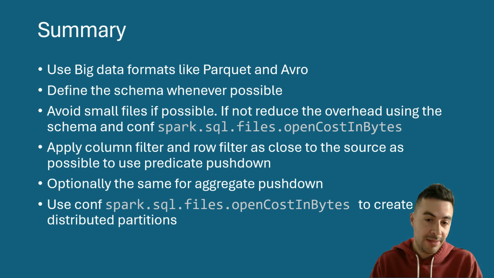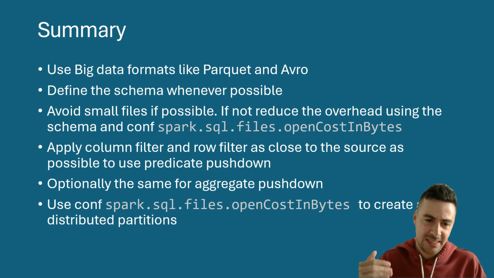Then let's apply column filter and row filter as close to the source so that our catalyst optimizer can, well, leverage predicate pushdown and optionally also aggregate pushdown, which is gonna save you a lot of time. So if you're caching your data frame before applying that, that's a good example where it doesn't work.